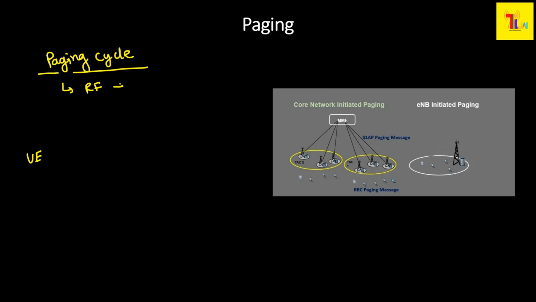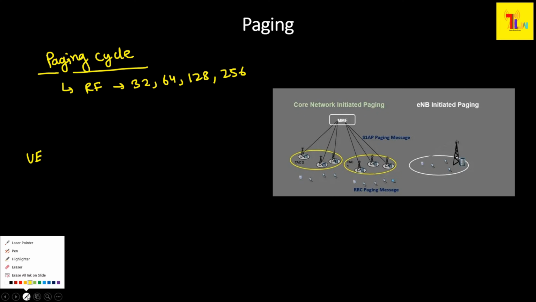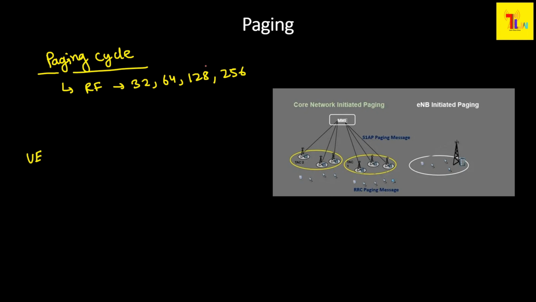It can be 32 radio frames, 64, 128, or up to 256 radio frames. But what is regularly used as a paging cycle is 128 radio frames, commonly used.